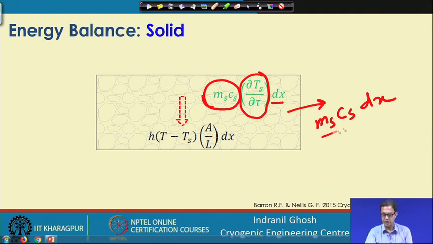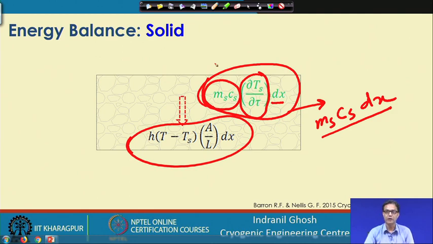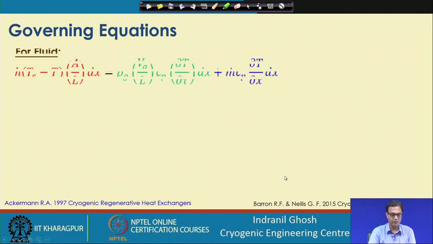We can equate it with this term and this term, and find the energy balance equation for the solid. And in that case, if we write both the equations and rearrange them together, we find the governing equation for the fluid stream, something like this.